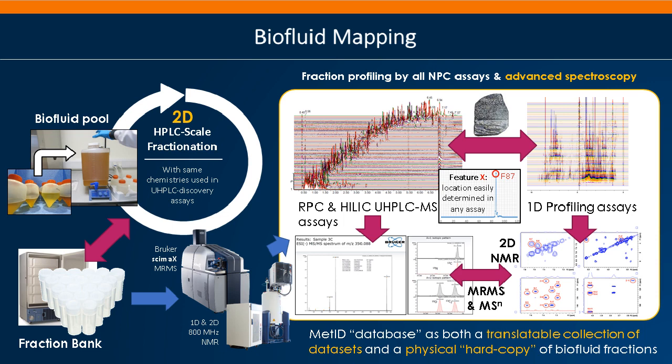And we're able then to translate among all of these technologies in a Rosetta Stone-like fashion, drawing the best of each technology, for example knowing the formula from MRMS, and being able to apply that to a biomarker that's observed, for example, in an NMR study.